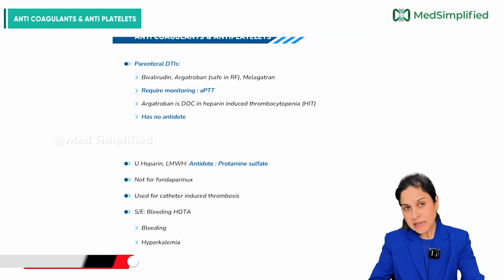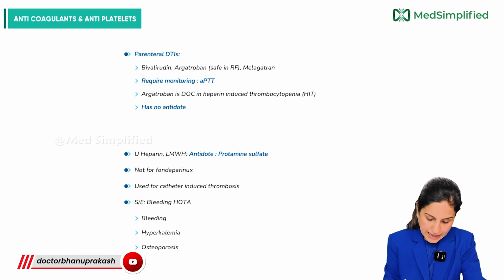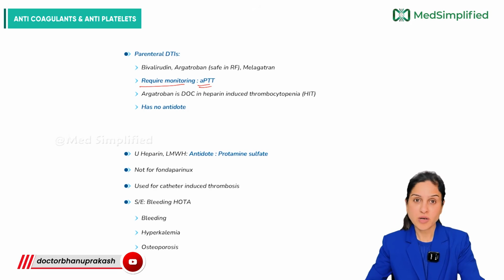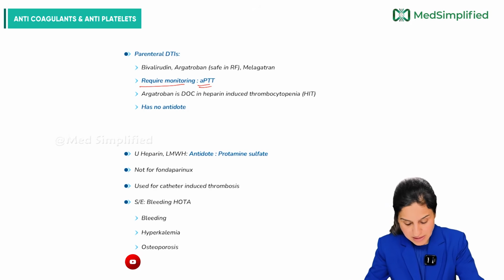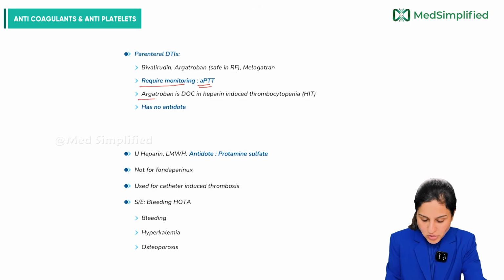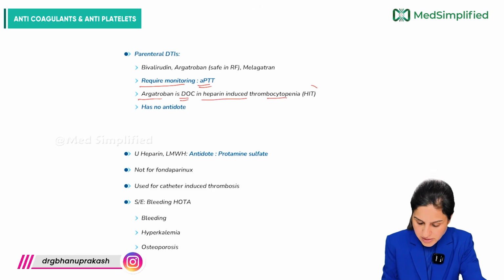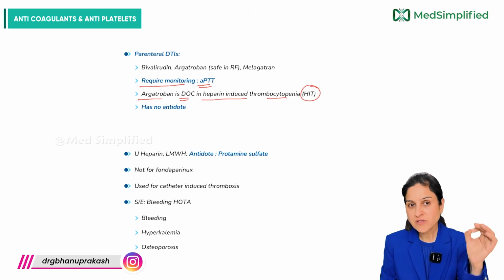So let's see what other important features we need to know. The parenteral direct thrombin inhibitors like lepirudin, argatroban and melagatran require APTT monitoring. Remember, they require APTT monitoring. Argatroban is the drug of choice in heparin-induced thrombocytopenia, the HIT syndrome. What is the drug of choice for this?